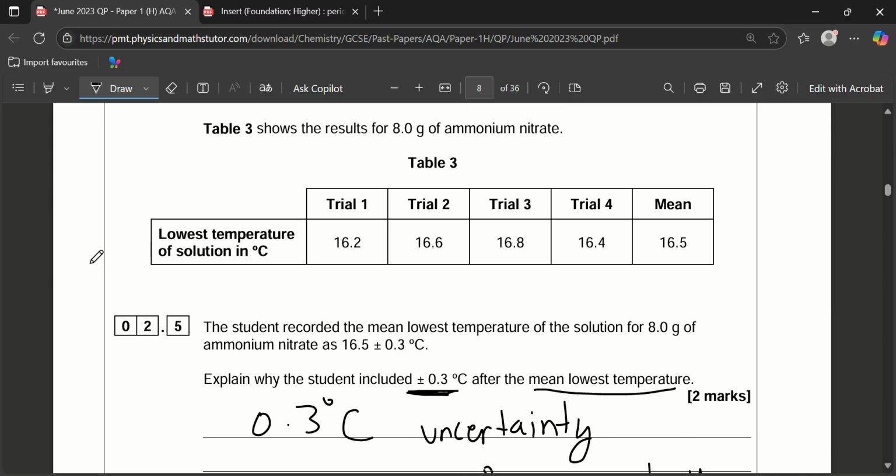Cool. Next question. What type of error is shown by the results in table 3? Well, they all seem very close, so it's not going to be a problem with the method, so it's not a systematic error, and therefore by default it's not going to be a zero error, because zero errors often involve apparatus like measuring balances. We'll just draw one real quick.